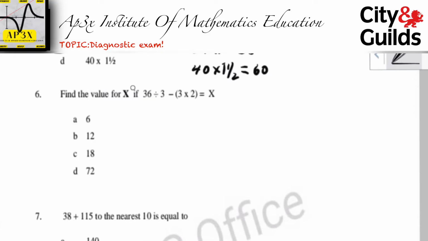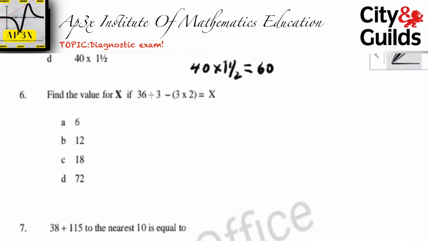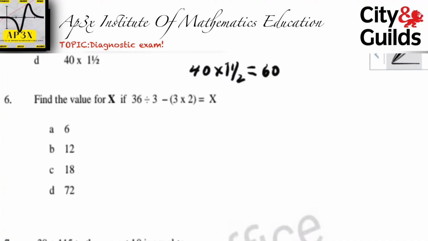Find the value of x if 36 divided by 3 take away 3 multiplied by 2 is equal to x. So pretty much what comes into play here is the principle of BOMDAS, or what I refer to as PEMDAS.